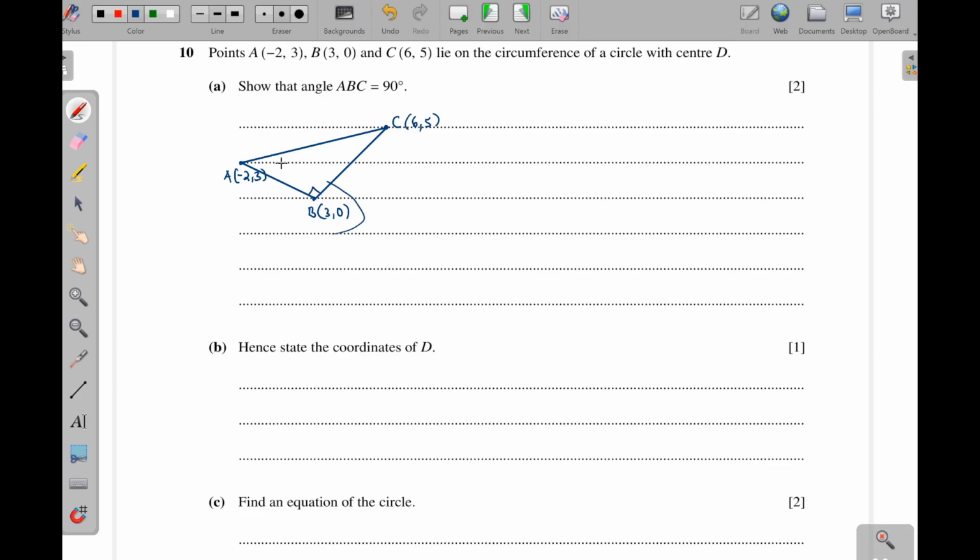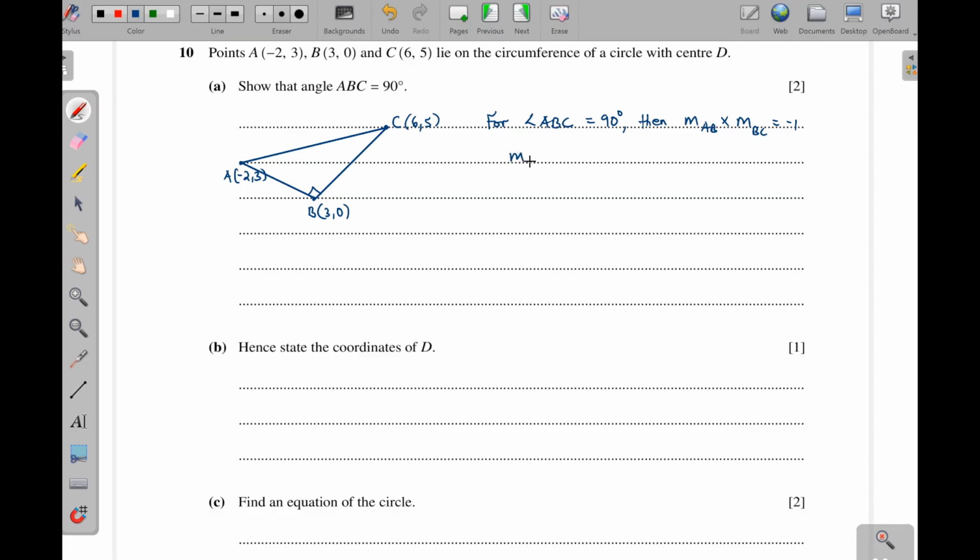So for perpendicular lines, the product of their gradients is always equal to negative 1. Okay, so I will say for angle ABC equal to 90 degrees, then the gradient of AB times the gradient of BC has to be equal to, I mean negative 1.